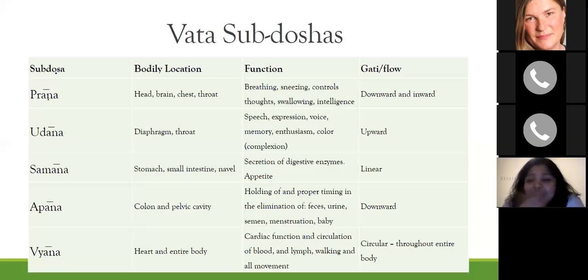So by looking at and understanding the different variances or qualities of someone's poop, it gives us a very clear idea as to how healthy, or lacking in health, their digestive tract is working.